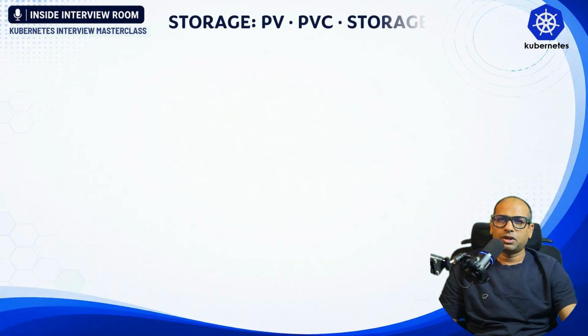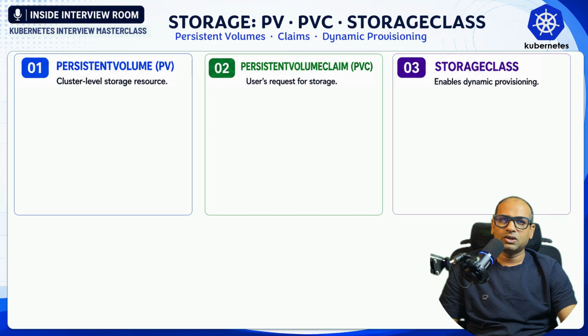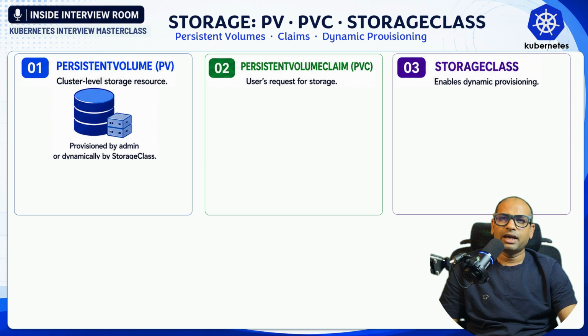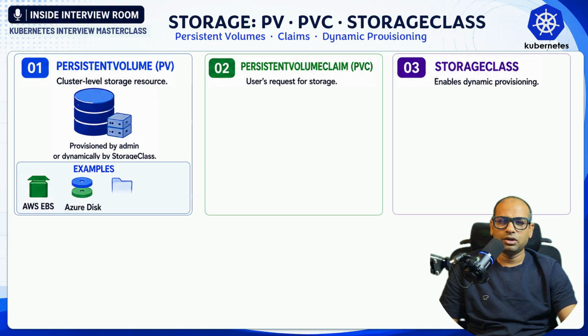The storage, because containers are ephemeral, but your data can't be. The key trio: the persistent volume, the persistent volume claim, and the storage class. A persistent volume is actual storage in the cluster. It is provisioned by an admin or dynamically by a storage class. Examples: AWS EBS, Azure Disk, NFS, local volumes.